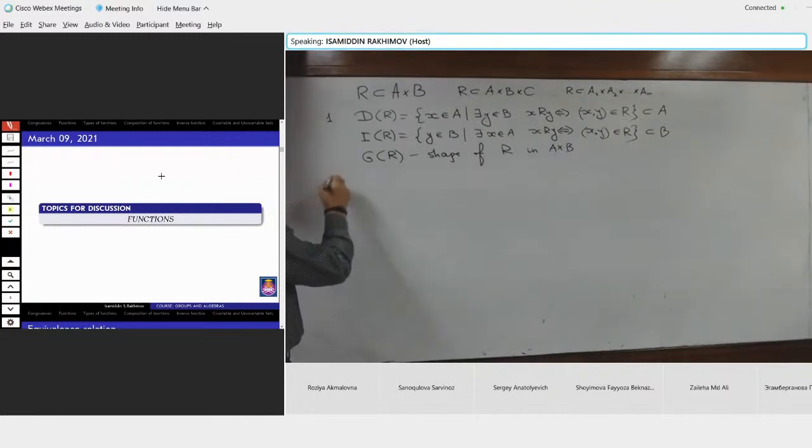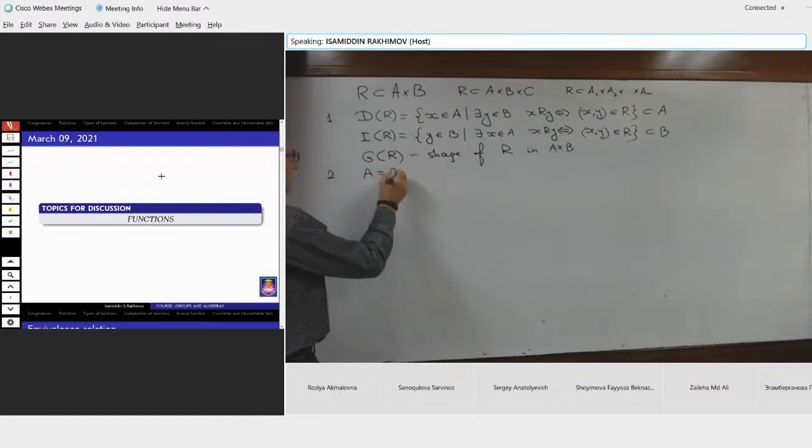Number 2, what we have. Last time we considered the case when A is B. So that means we have R as a subset of A to the 2.